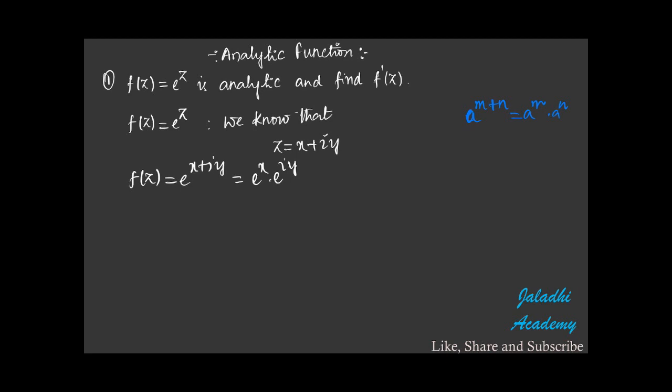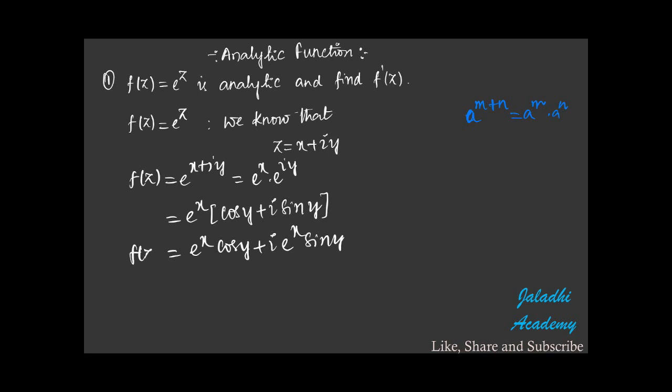Further, by using Euler identity, we can write e power iy as cos y plus i sin y.